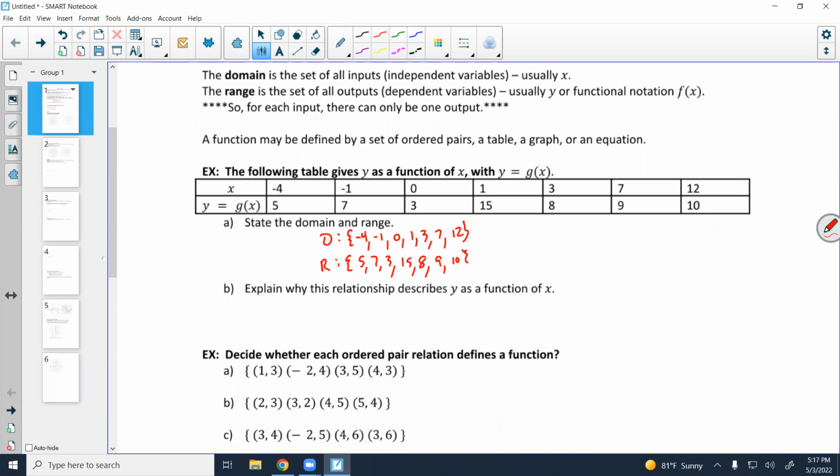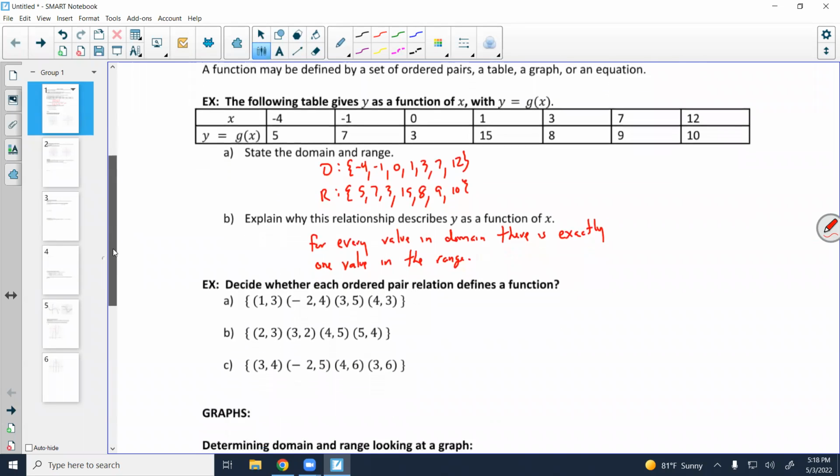And essentially for every value in the domain, there is exactly one value in the range. I think that's what we're looking for there.